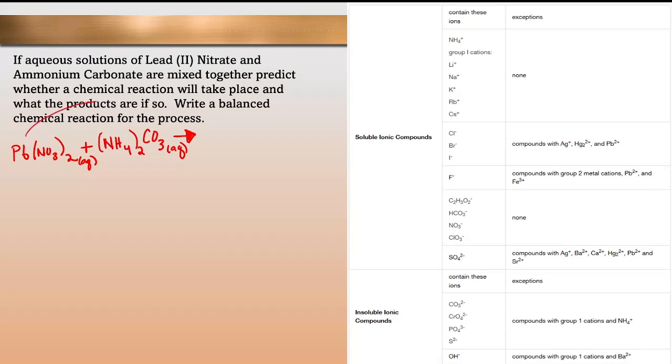So when lead(II) bonds with carbonate, which has a 2- charge, you only need one of each ion. So the correct formula for lead carbonate is PbCO3. We'll hold off on checking the solubility until we have both of our species.